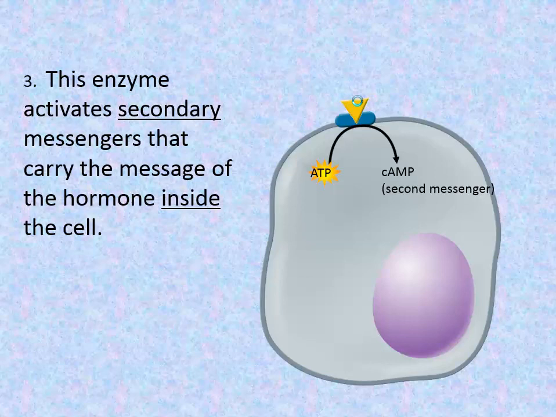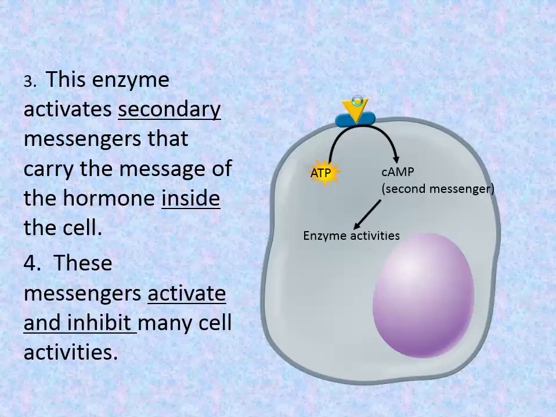and it makes what's called a secondary messenger. So instead of the hormone being the messenger like it was in the steroid hormone type, in the non-steroid or protein hormones, there's what's called a second messenger, and it carries the message inside the cell. And that messenger will activate and inhibit cell activity.